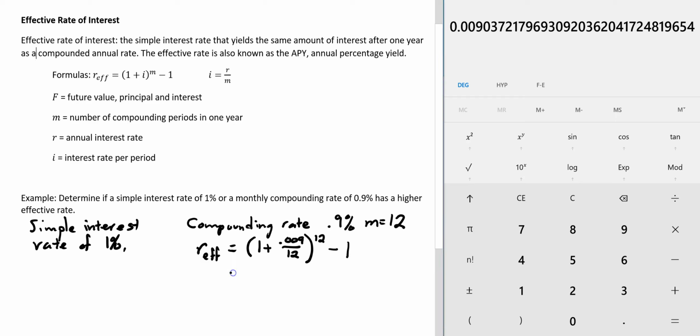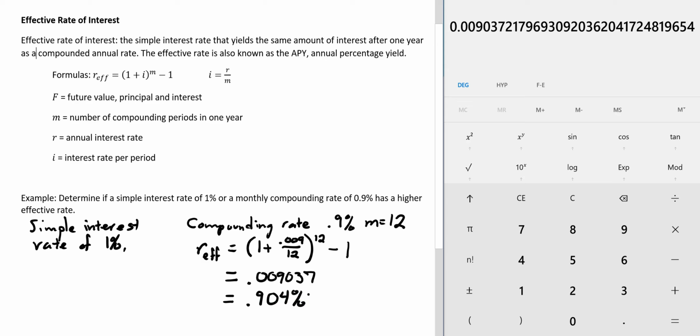So the effective rate calculation provides 0.009037 and so on. Changing this to a percent, it is 0.904%.